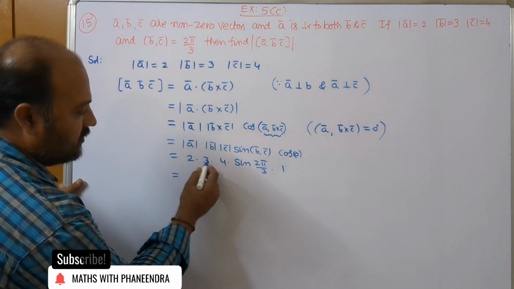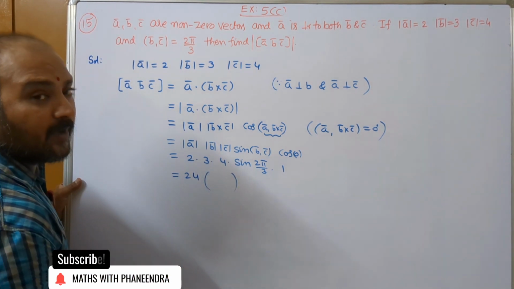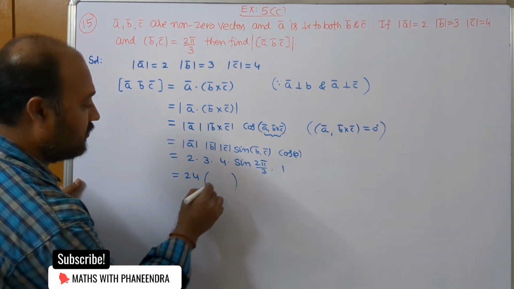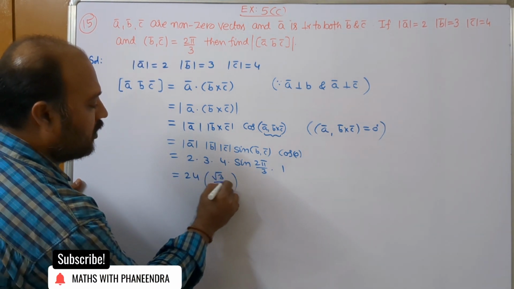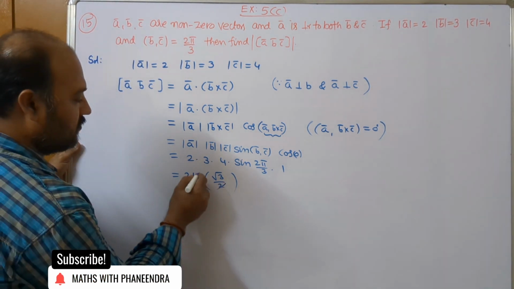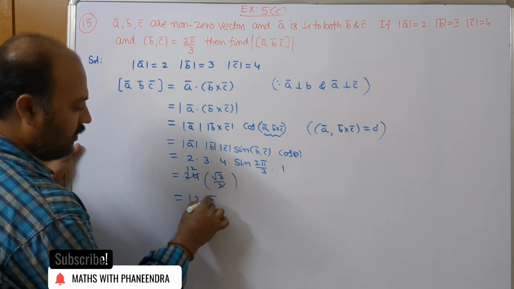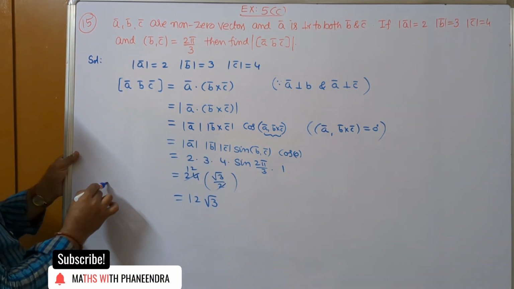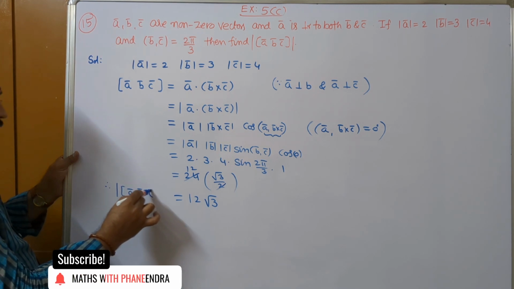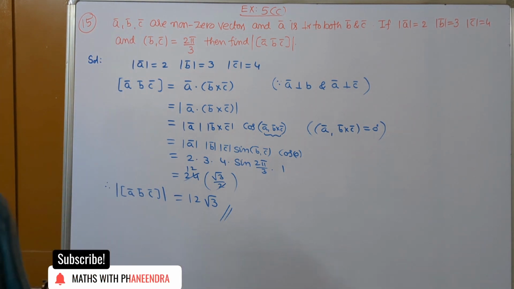So 2 threes are 6, 6 fours are 24, into sine 2 pi by 3, sine of pi minus pi by 3, sine pi by 3. Sine pi by 3 means what? 60 degrees. So 12 root 3. Therefore, the value of box of A bar, B bar, C bar is 12 root 3. I hope you understand it, friends.